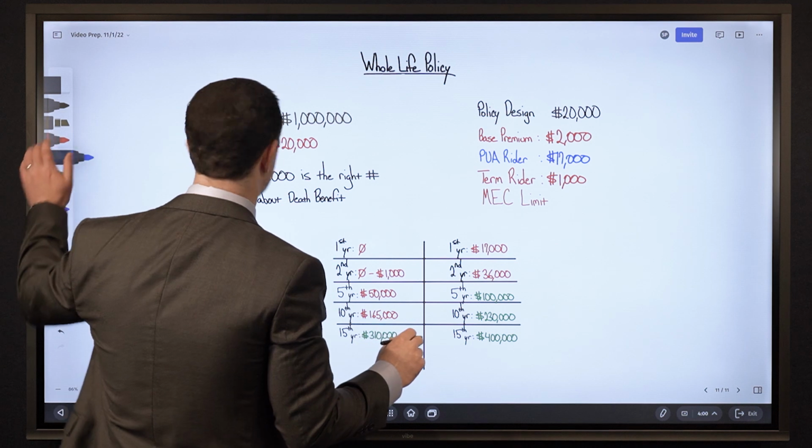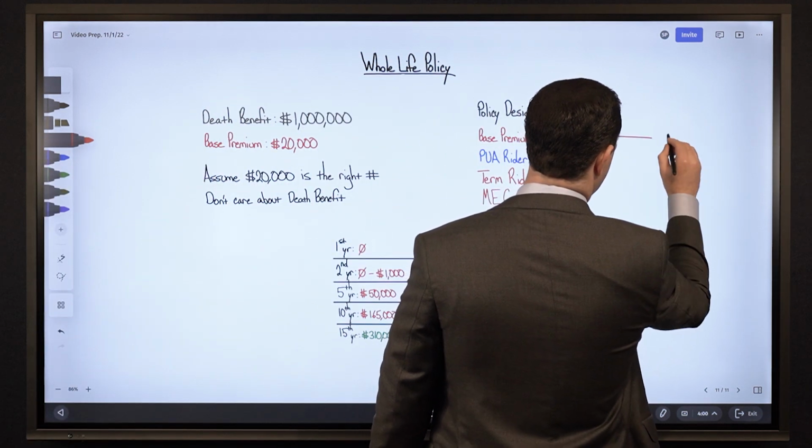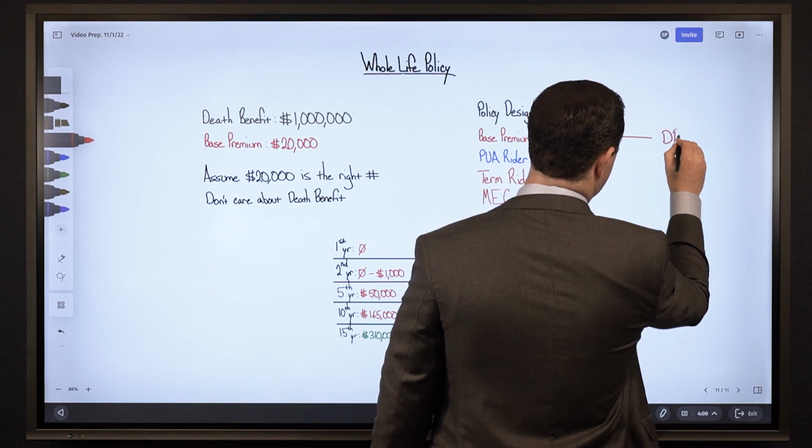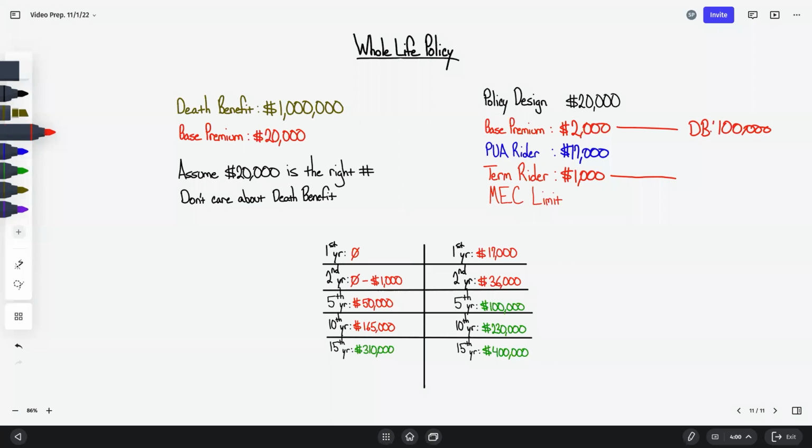That additional term insurance rider, so let's say the base premium here bought me a death benefit of $100K. The $1,000 term rider, though, bought me another $400,000 in life insurance. Add the two together, I'm at $500K. PUAs will also get you some death benefit, so $17K might get you a little bit less than $60K.